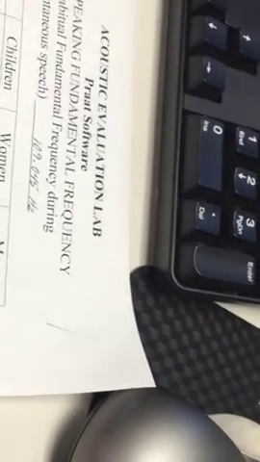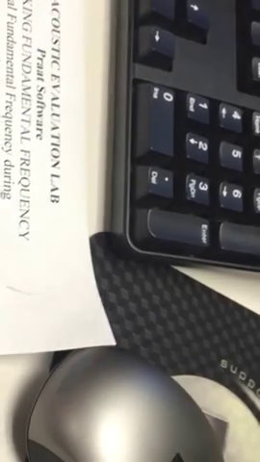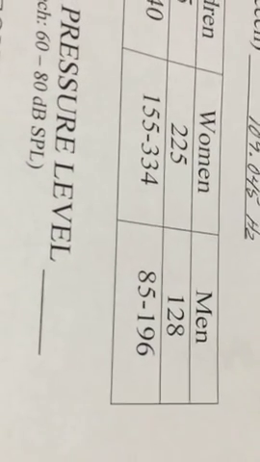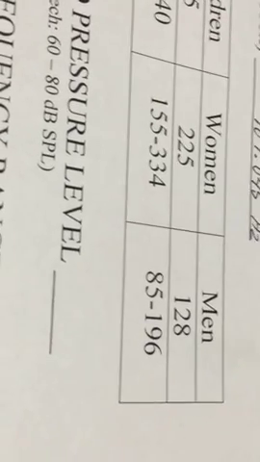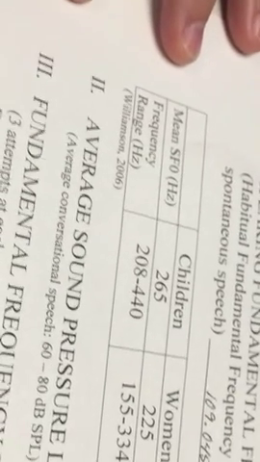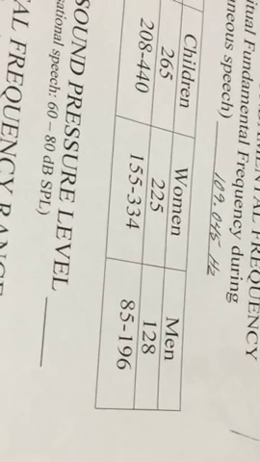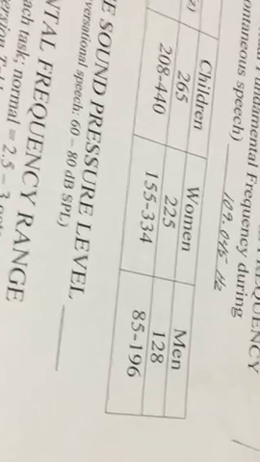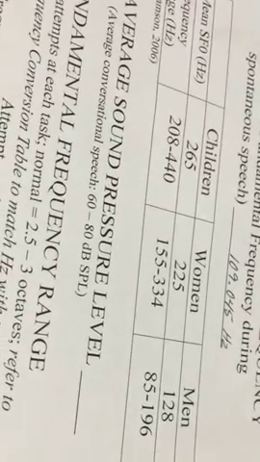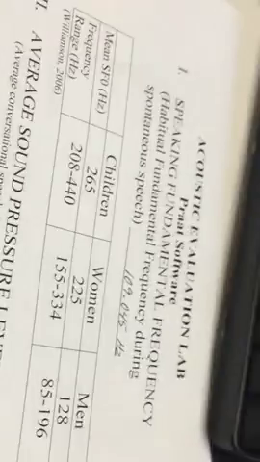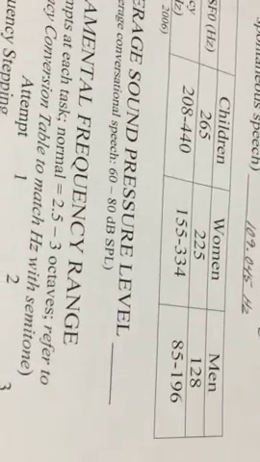And now let's look at what is average or normal for men. And it looks like I am okay, anywhere between 85 to 196. The mean for most adult males, as you can see, is 128 hertz. I'm a little on the low end, but I've always been a little lower. So there we go.